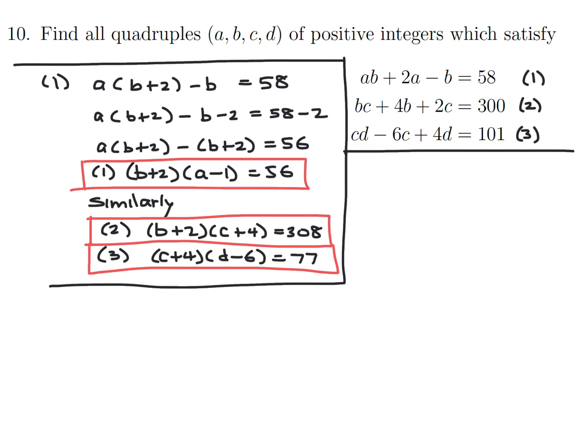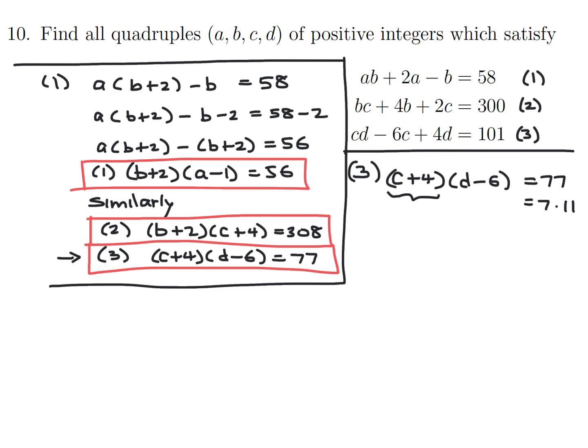Now let's concentrate on trying to figure out the actual values of a, b, and c. Let me start with equation 3, this guy right here. It states that c plus 4 times d minus 6 is equal to 77. They're all positive integers. So for the possibilities for c plus 4, 77 is 7 times 11, 7 and 11 being prime numbers.